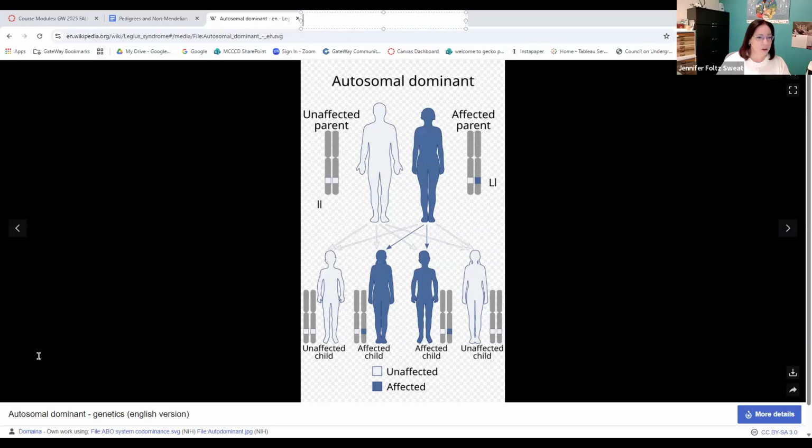So now let's go to the whiteboard and talk about sex-linked chromosomes. So sex-linked traits are on the X chromosome. They are not on the Y chromosome. The Y chromosome is really small.